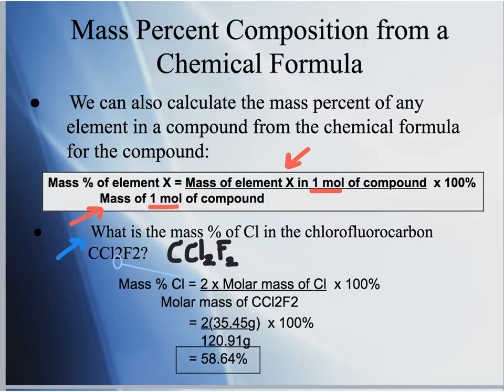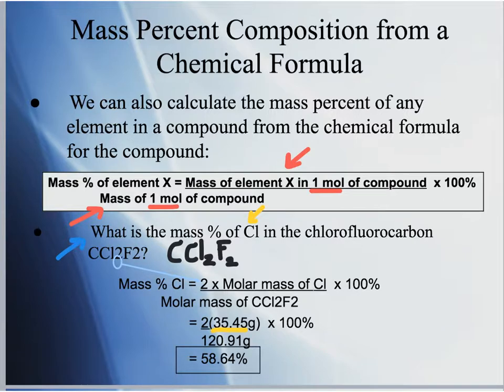So it's asking for the mass percent of chlorine. So to do that, what we're going to do is we're going to use the molar mass of chlorine on the periodic table, which is 35.45.